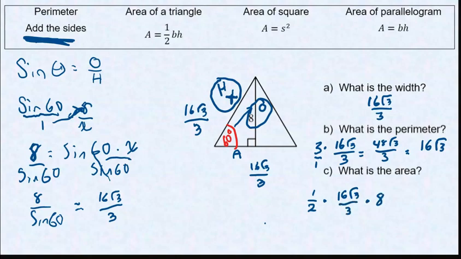So from here, what I can do is I can multiply 8 by 1/2 and get 4. There's a couple of ways I can handle this. Then 16 times 4 will be 64.